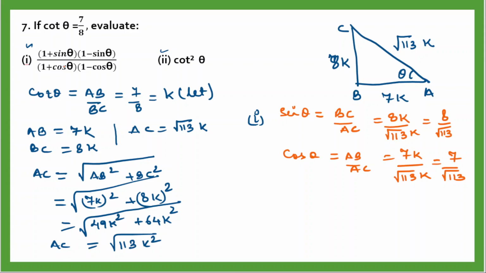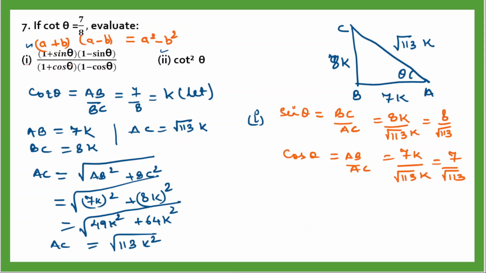Now we have to substitute the values in the first part. You can directly substitute the values here, or you can use the formula. Which formula? In numerator and denominator you can see that it is in the form of A plus B, A minus B, which is equal to A square minus B square.